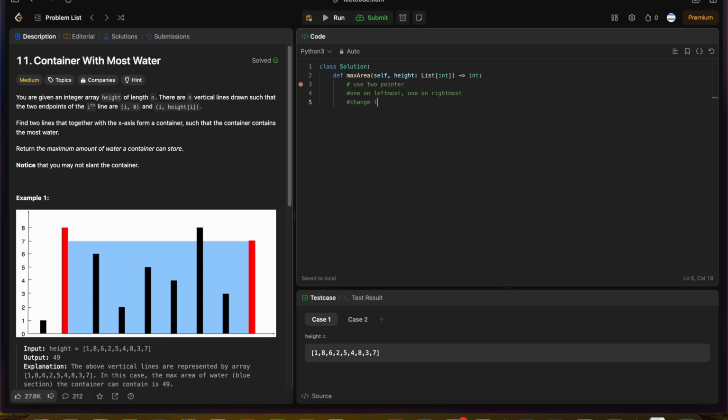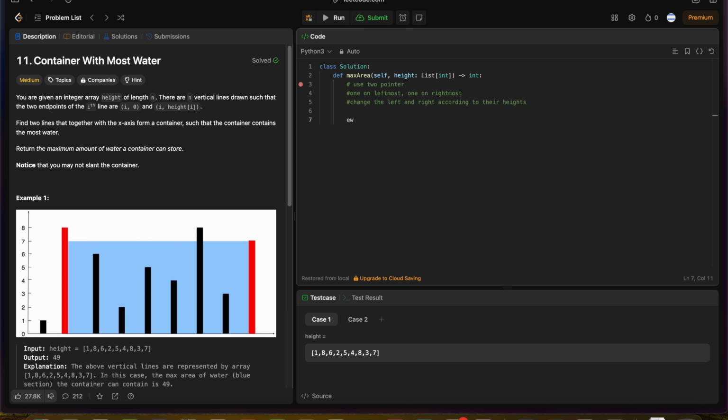Change the left and the right according to their heights. So this is basically the algorithm.